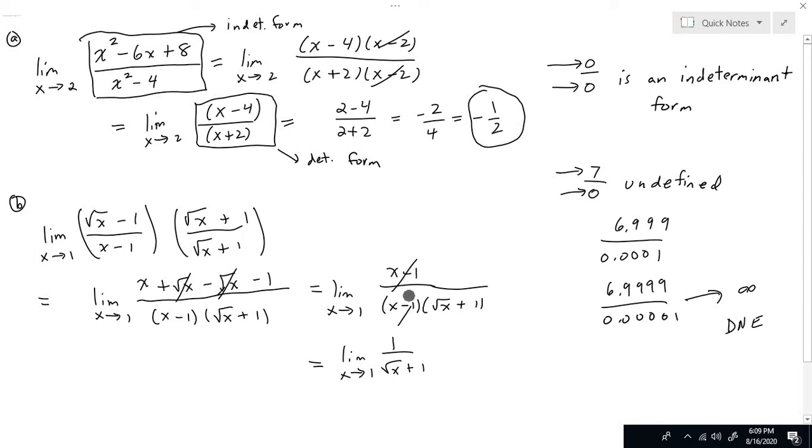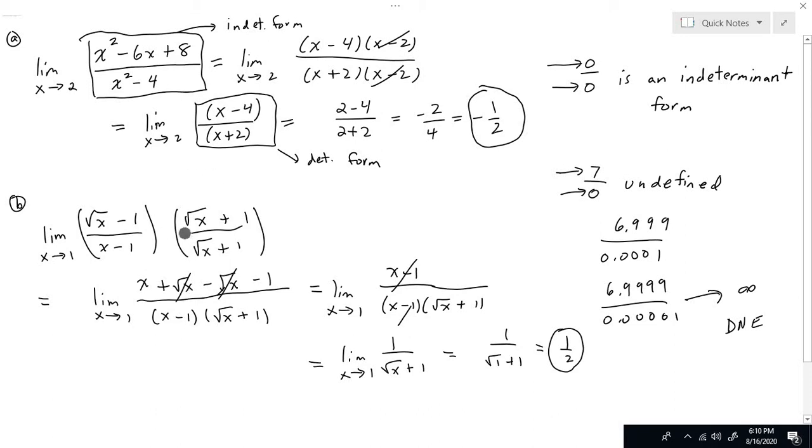Once you get this cancellation, it becomes a determinable form. Now when I plug in 1 using direct substitution to evaluate this limit, I actually get a number. I get 1 over 2. So that's what this limit is equal to. It's equal to 1/2.